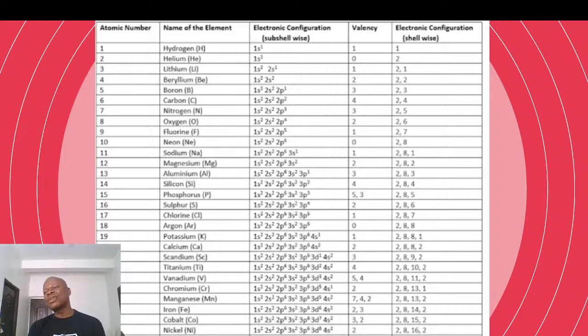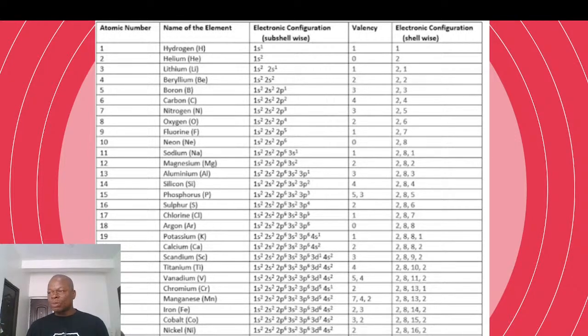The element that has atomic number 15 is phosphorus. I know some of us are familiar with this element, which has the symbol P. If we arrange phosphorus in subshells in its atomic configuration, you're going to have 1s2, 2s2, 2p6, 3s2, and 3p3.